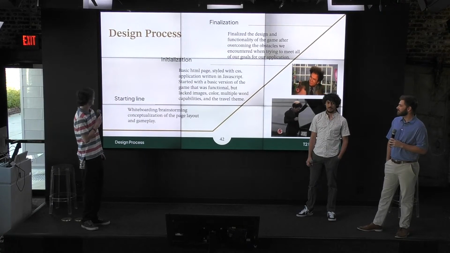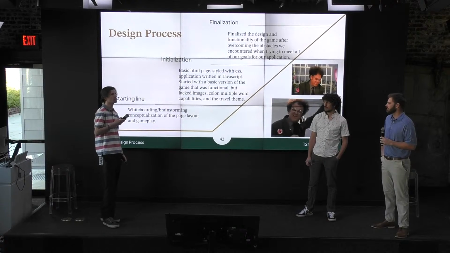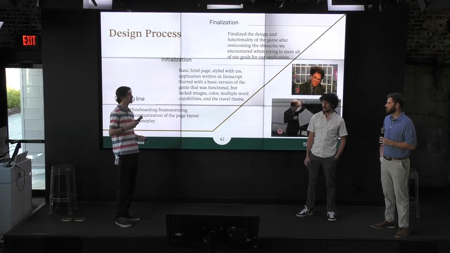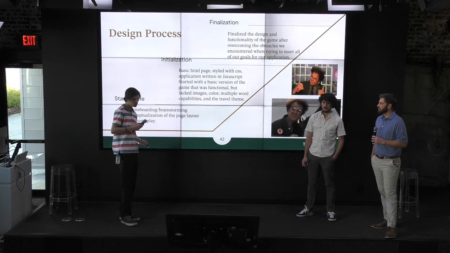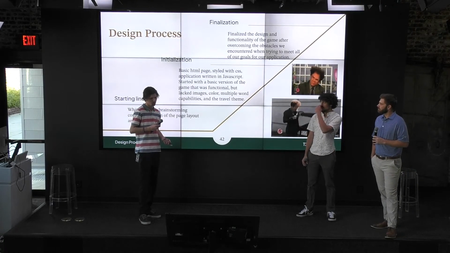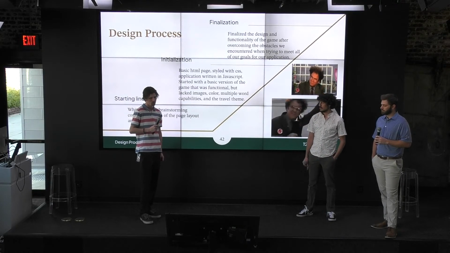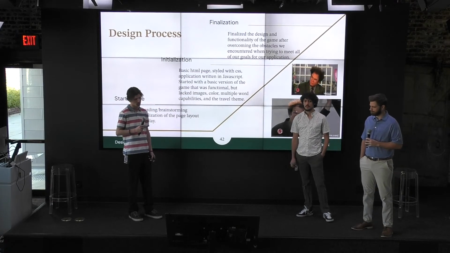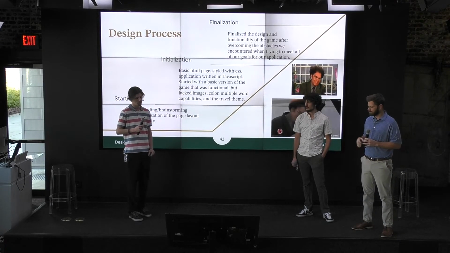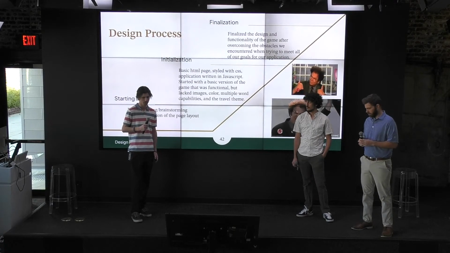For the process, when we were first starting out, we wanted to do something text-based, but we ended up going with something that Harrison had already thought of, and it was a good idea. Then we went to work, using a basic HTML page styled with CSS, and the whole application is written in JavaScript with basic functionality, just lacking the colors and the images.